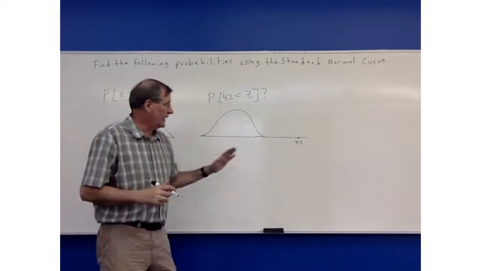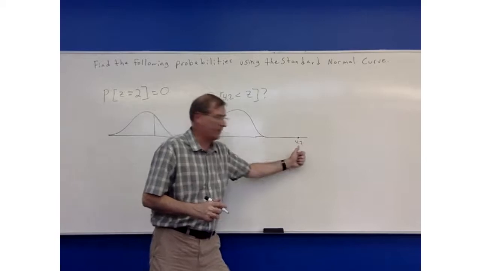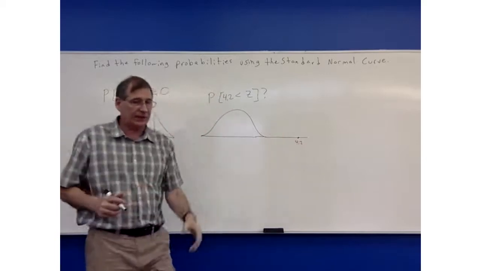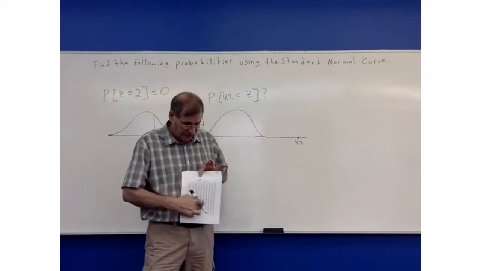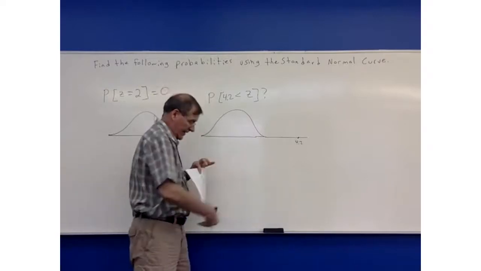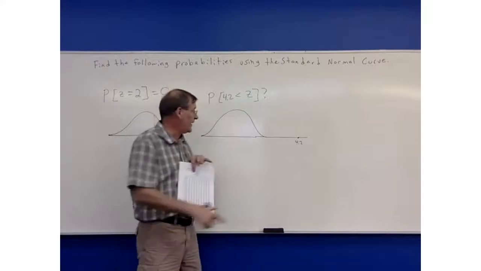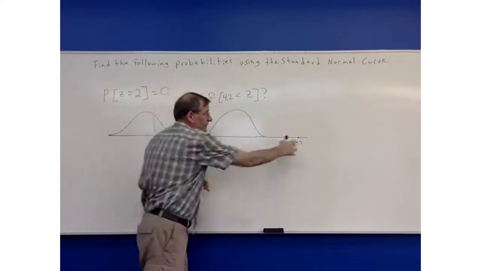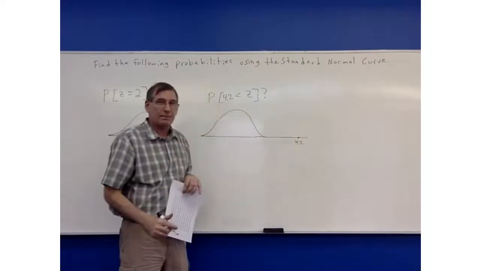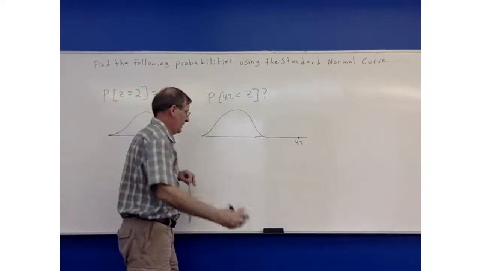Well, think about it. If you're way out here, how much of the table is to the left of you? This is a cumulative table. I have not said that, but if you look, it starts with an area of 0. When you get to the middle, it's at 0.5. Then the other side goes from 0.5 to 0.99949. What is to the left of a number that's off the table? What is the area to everything?